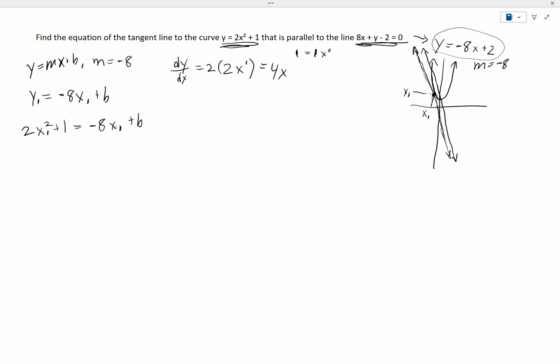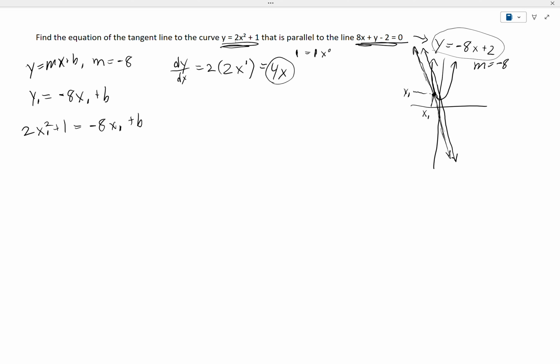So that's one way to do this. If you didn't know how to do this, you could use the definition of the derivative, which is the limit as h approaches 0 of f of x plus h minus f of x all over h. And you take that limit. You'd have to FOIL and distribute some stuff, but you're still going to get that.